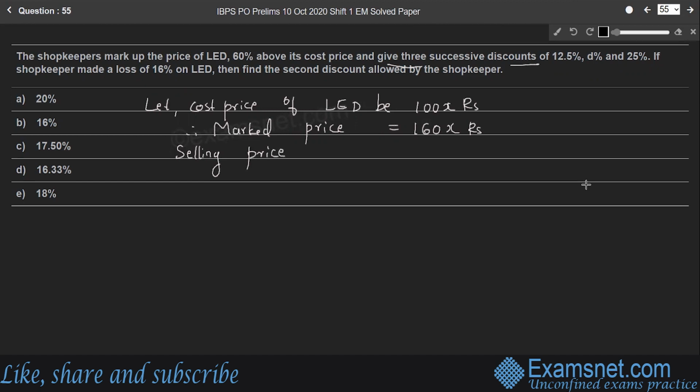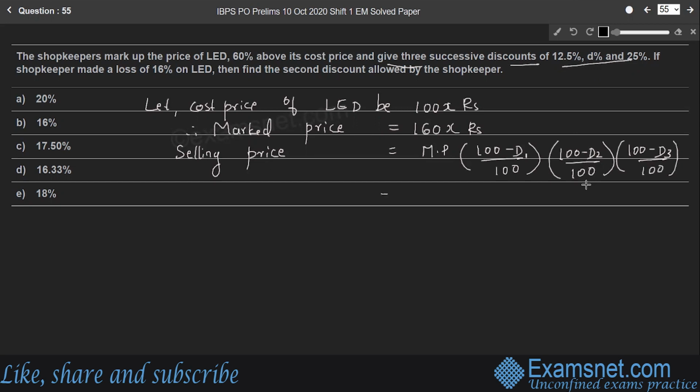After giving 3 successive discounts, what will be the selling price? From the formula, it is market price, MP, into (100 minus discount) divided by 100. Since there are 3 successive discounts, we consider (100 minus D1) by 100 into (100 minus D2) by 100 into (100 minus D3) by 100.